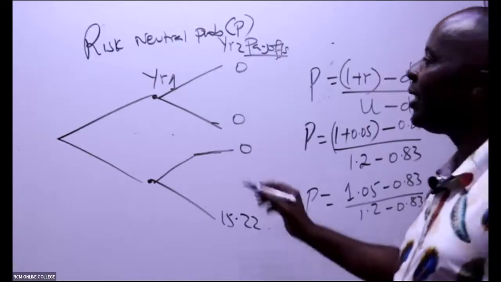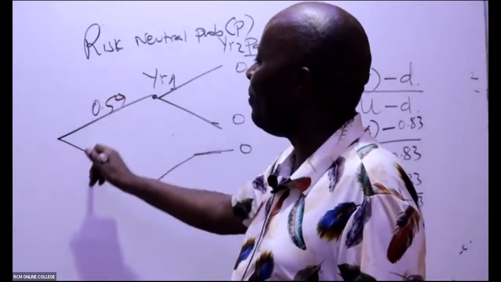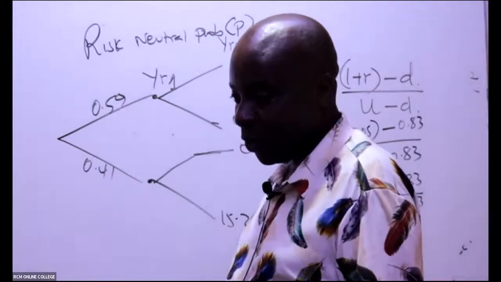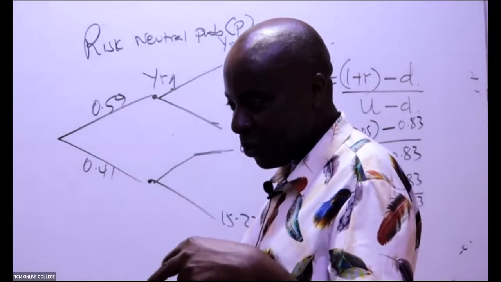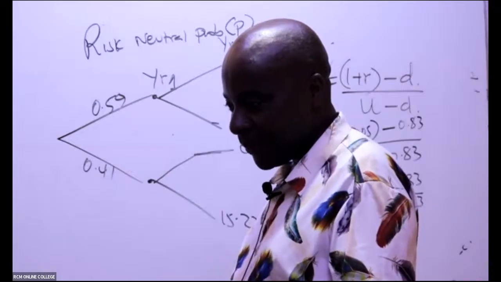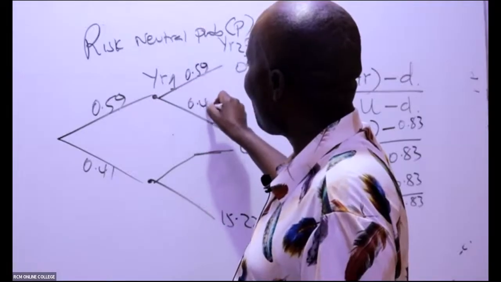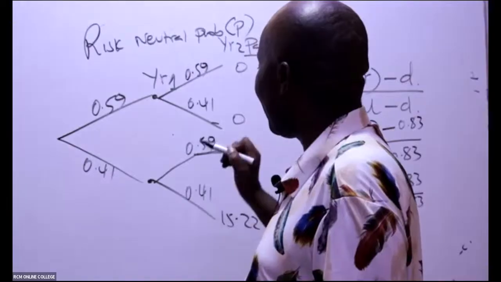So we are getting this risk-neutral probability is 0.59, meaning that this other one here will be 0.41, because it's binomial. So the same you apply here: 0.59, 0.41, like that.